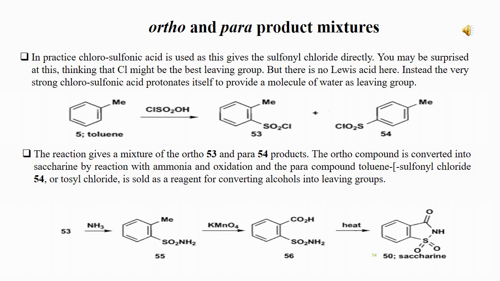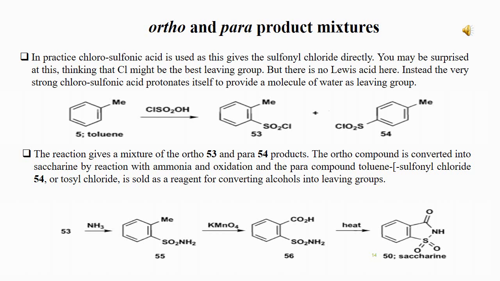So if we do the reaction of 53 with ammonia, then that Cl is replaced by ammonia. Then comes oxidation. The para compound, toluene sulfonyl chloride 54, is sold as a reagent for converting alcohols into leaving groups.